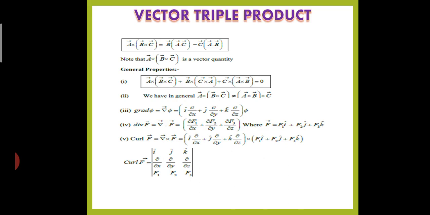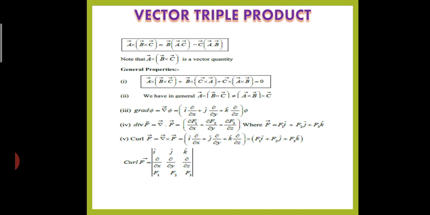First is A cross (B cross C) plus B cross (C cross A) plus C cross (A cross B) equal to 0. Second, in general, A cross (B cross C) is not equal to (A cross B) cross C. Third, grad phi equal to del phi equal to i del by del x plus j del by del y plus k del by del z of phi.